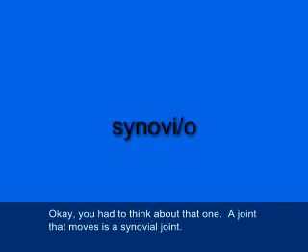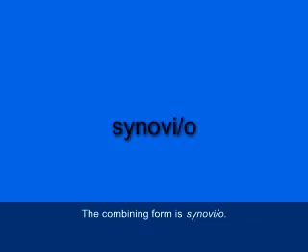Okay, you had to think about that one. A joint that moves is a synovial joint. So the combining form is going to be synovio, SYNOVI/O.